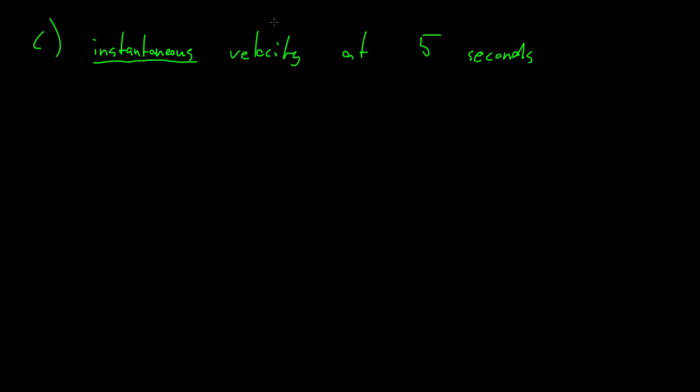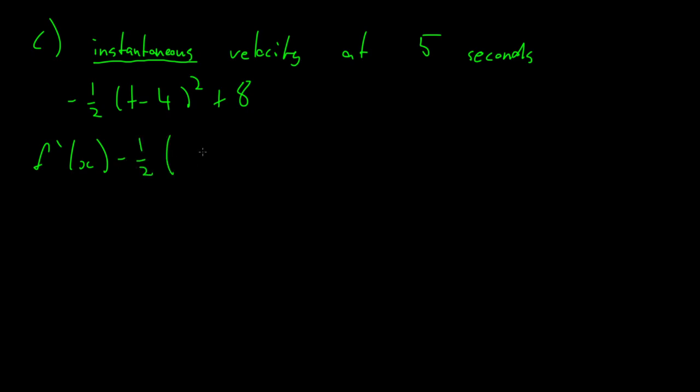So, to take the derivative of minus 1 on 2 t minus 4 squared plus 8, we're going to rewrite it as this. Minus 1 on 2.